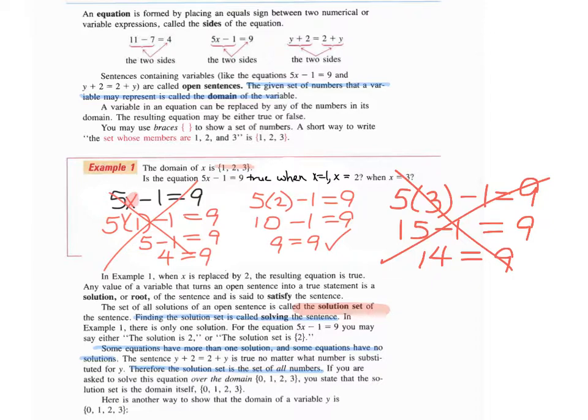So when they're giving you a set domain, they're going to want you to show how you're going to replace each one until you find the one that works. But again, we are going to learn a more efficient way. So for this problem, our solution set would be x equals 2. And then you're going to write the squiggly parentheses, those are the set operators.